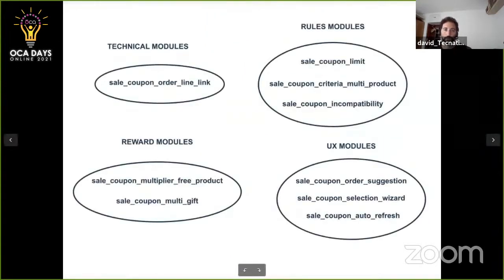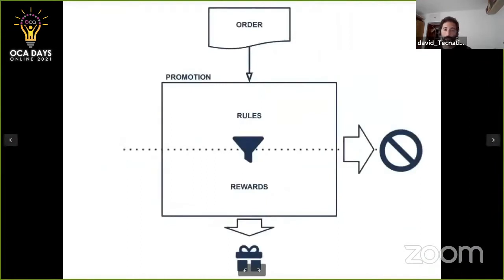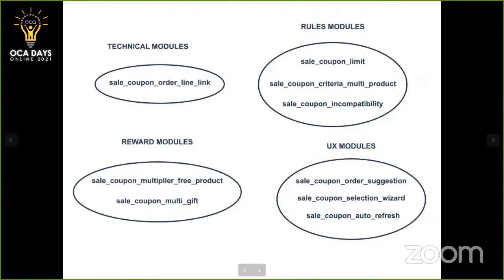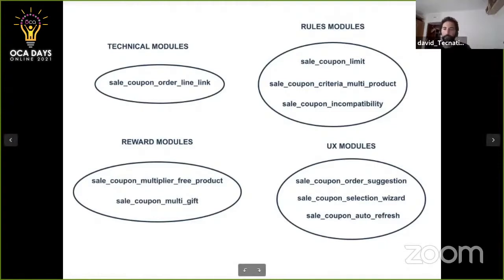Reward modules, which are over this part of the promotion, and user interface, user experience modules, which is the use of promotions for users. There is also this technical module, which is necessary for these ones to work.